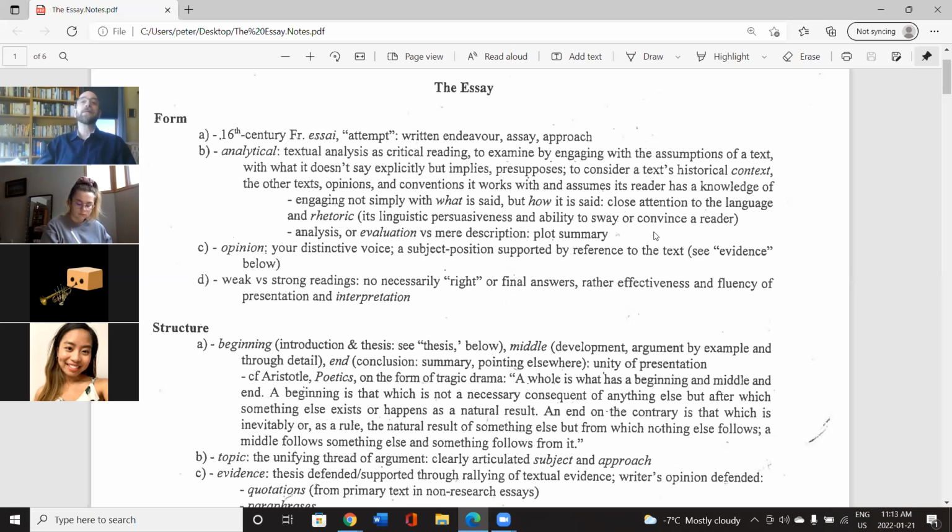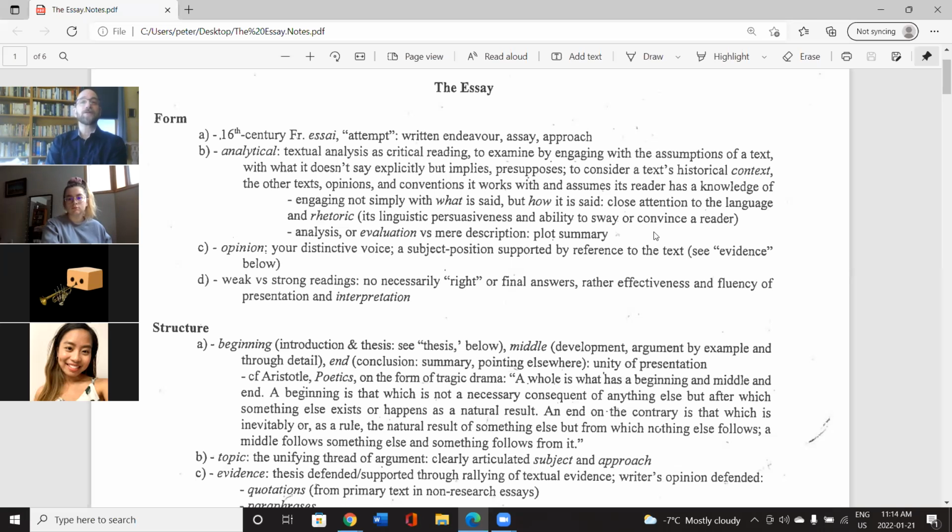And I'll talk a little bit about how you use the text as evidence to support your opinion in just a few minutes. There are no necessarily right or wrong or final readings of literary text, but there are strong and weak readings. Do you actually read the text properly? And do you summon evidence from the text to support your evidence in a persuasive way?